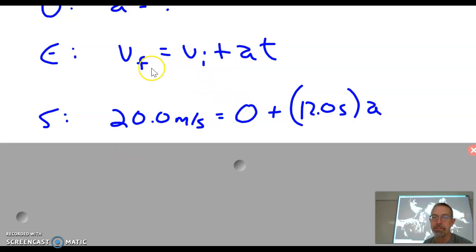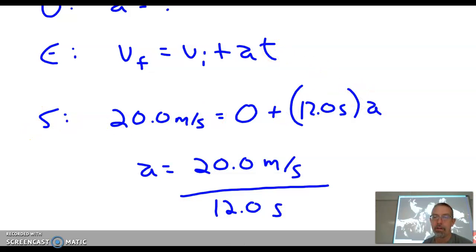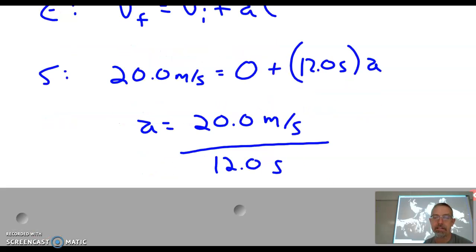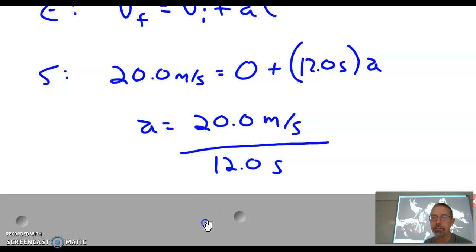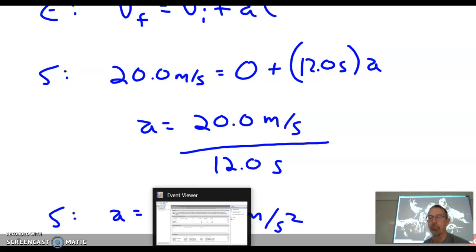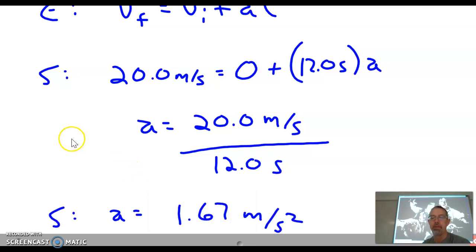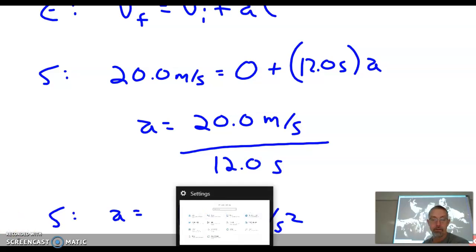My initial velocity is 0, my final velocity is 20, my time is 12 seconds. So what is the acceleration going to be? I'm going to end up taking 20 meters per second divided by 12 seconds, and that should give you, when it's all said and done, an acceleration of 1.67 meters per second squared. And that should be pretty good for us.